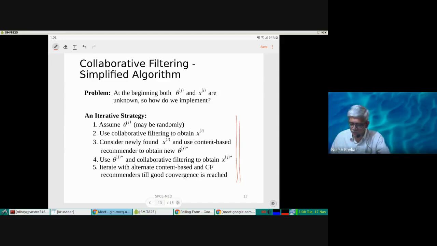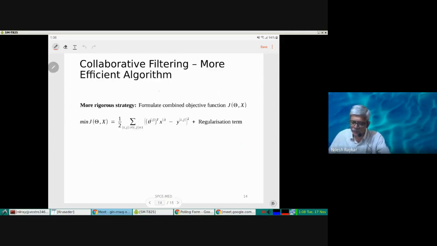In actual collaborative filtering, you define the error term in terms of both theta and x as the unknowns. You know ratings for certain combinations of user and books. So for each of these known ratings, you find both theta and x as unknowns.